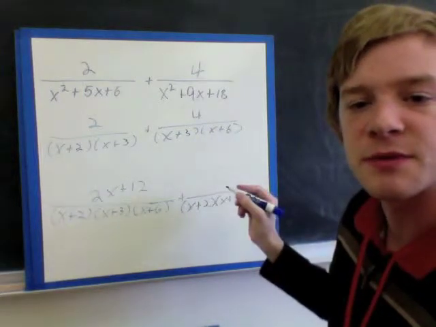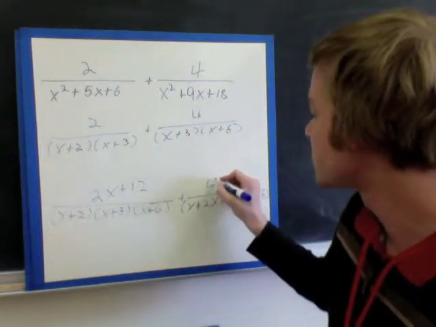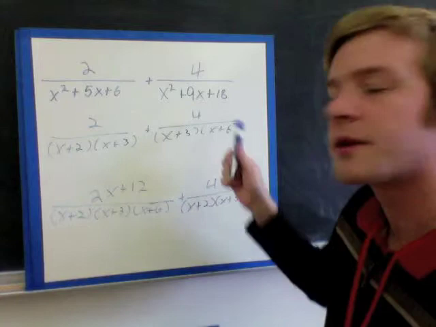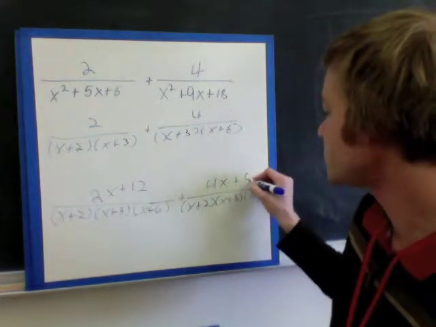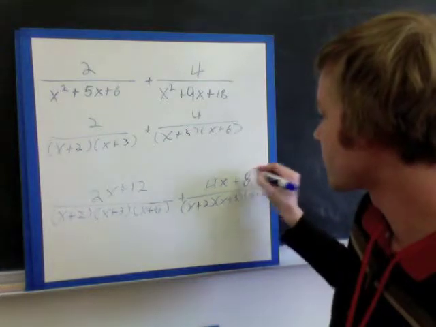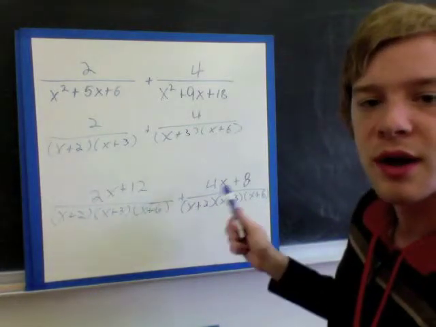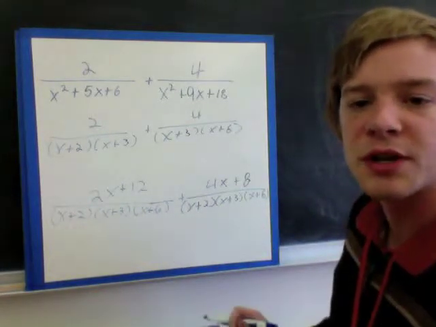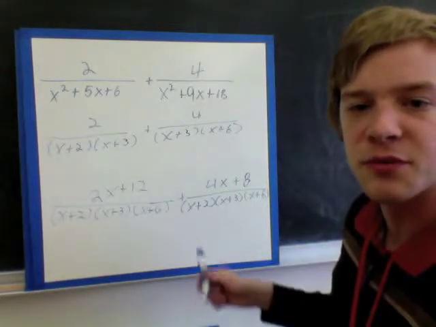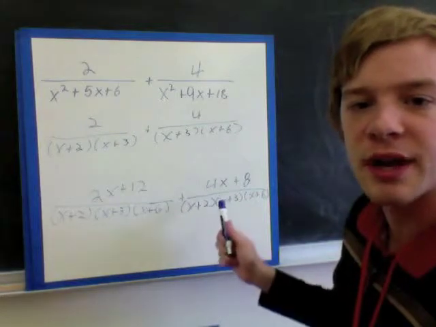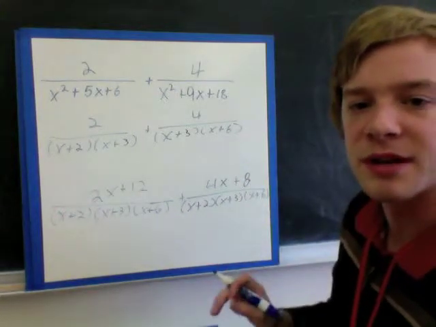So x times 4 is 4x, and 2 times 4 is 8. So now I have these two rational expressions with a common denominator. And to avoid everything getting cramped, I'm going to go ahead and put this on my next slide.